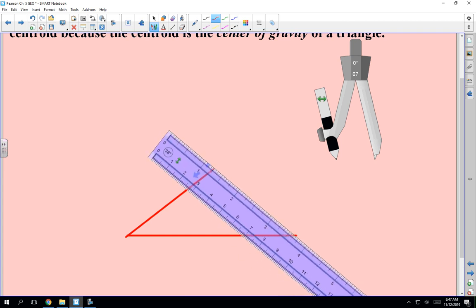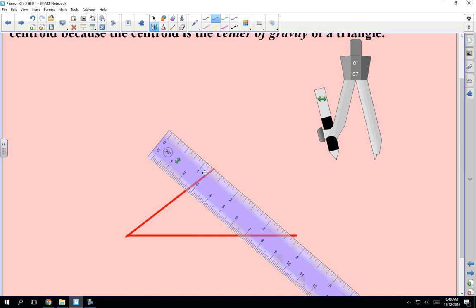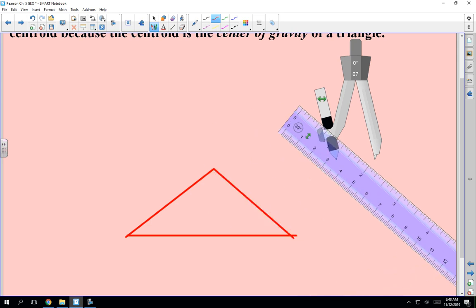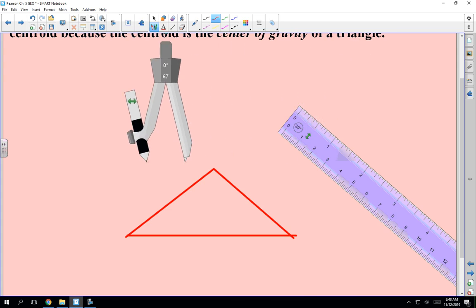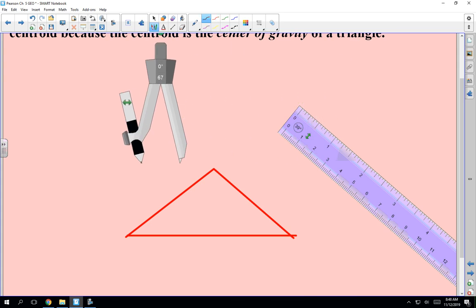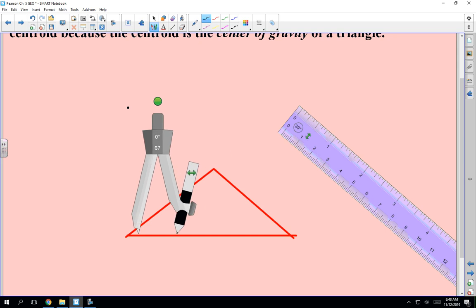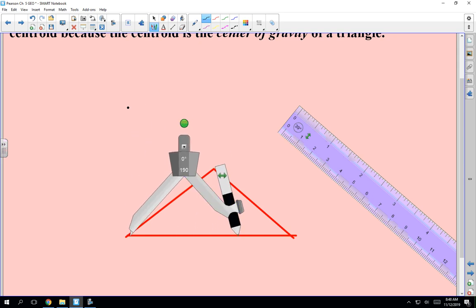Okay. That's going to be the best I can do. And let me go ahead and change this to black. So you got your triangle drawn?